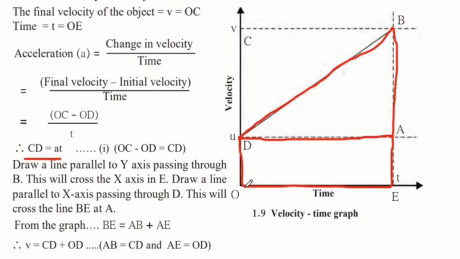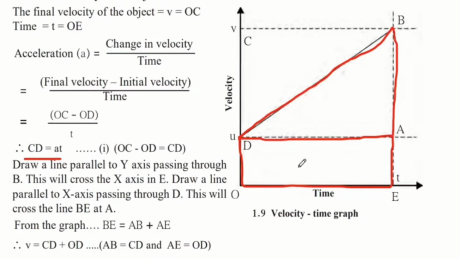So it would be OE or DA, which is the length, into DO or AE, which is the breadth. And how would you find the area of a right angle triangle? We would get it by half into multiplying the sides that make the right angle. So in this graph, it would be half into DA into AB.